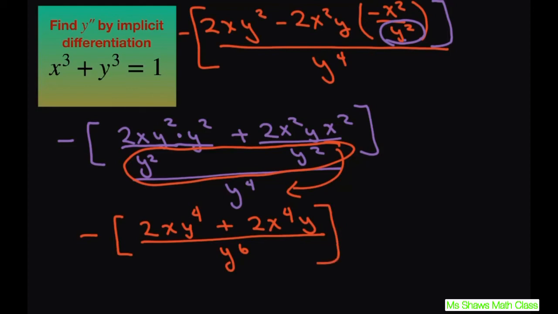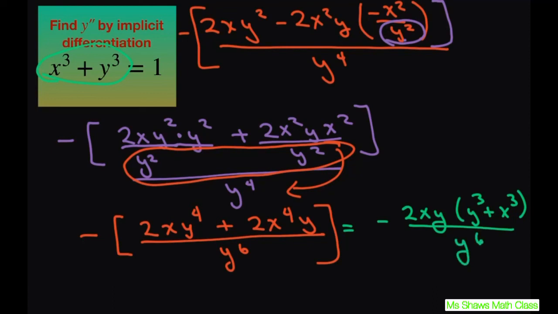Now we want to write it in terms of the original equation, because we have to go back to it. So I'm going to factor out 2xy, and then I'm going to get y cubed plus x cubed, all divided by y to the sixth.